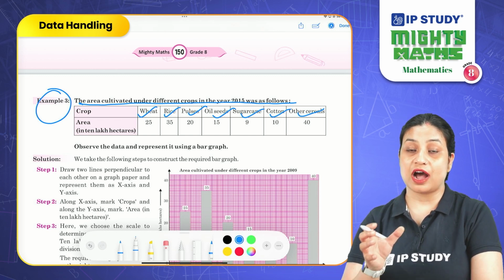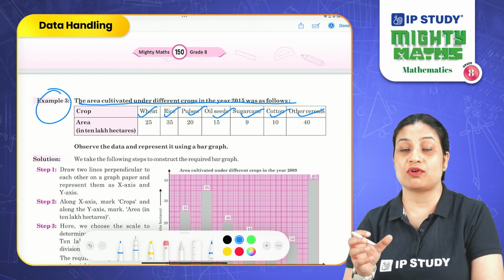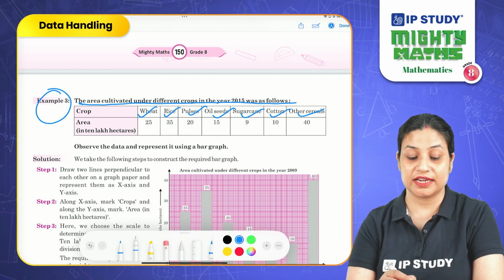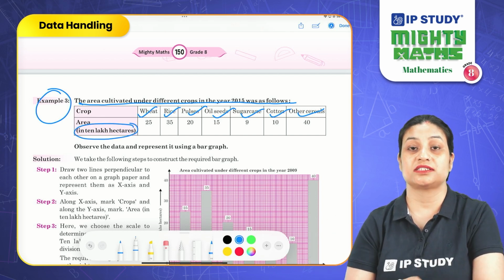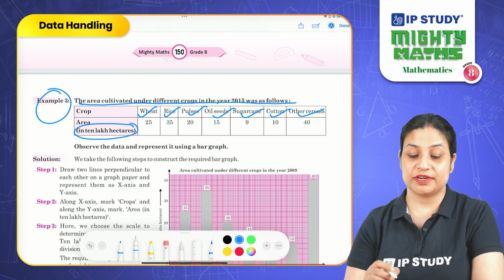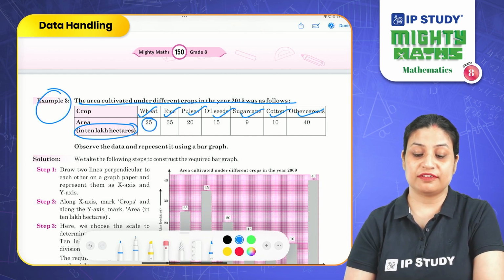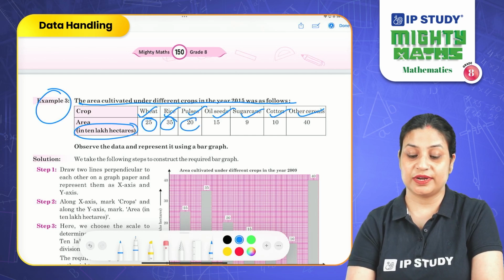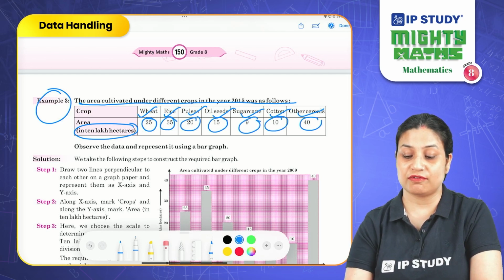The area is given in 10 lakh hectares. Wheat is cultivated in 25, rice 35, 20, 15, 9, 10 and 40, right?